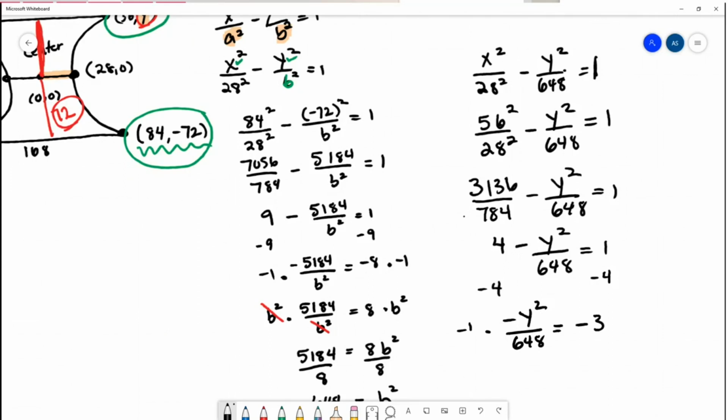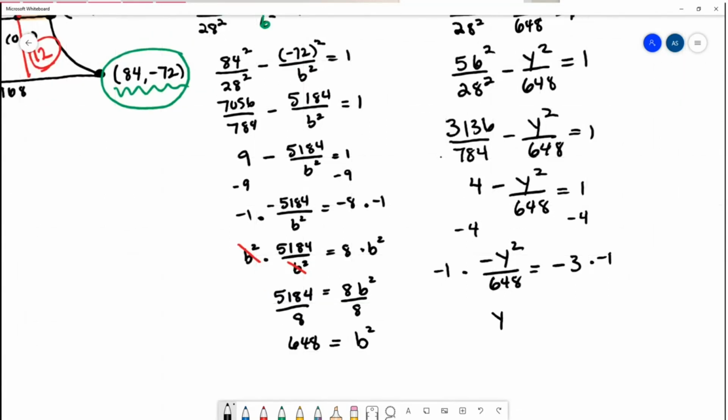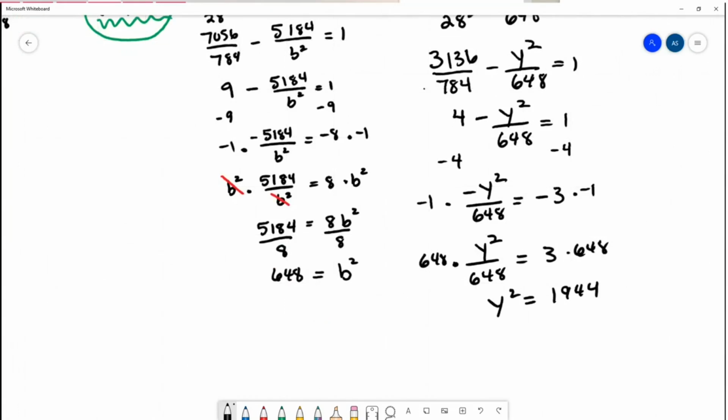Get rid of that negative by multiplying by negative 1 on both sides. That gives y squared over 648 equals 3. I'm going to solve for that y squared by multiplying by 648 on both sides. Multiplying by 648 on each side gives y squared equals 1,944. And I'll square root both sides.